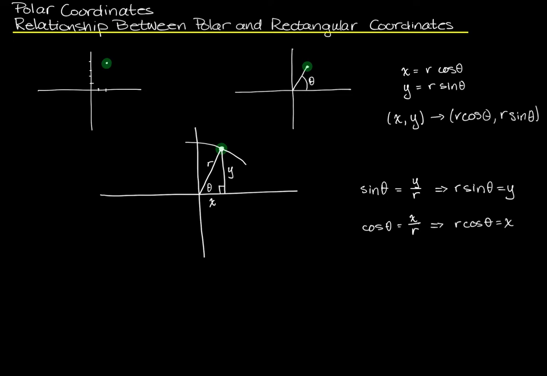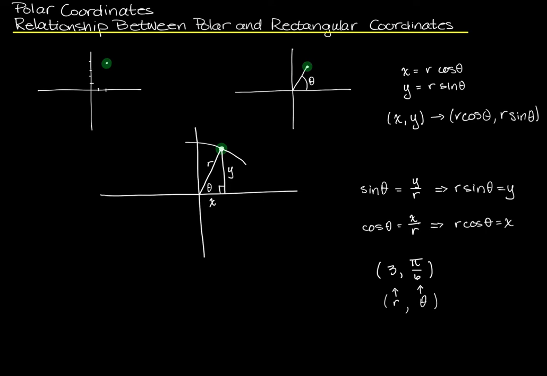For example, if I give you a point in polar coordinates (3, pi over 6), that's my r, 3, and my theta is pi over 6. That's how we write coordinates in the polar coordinate system.